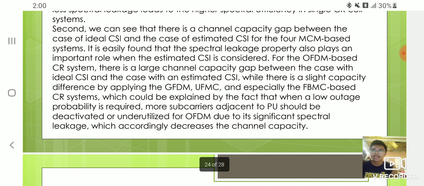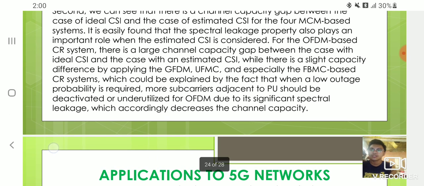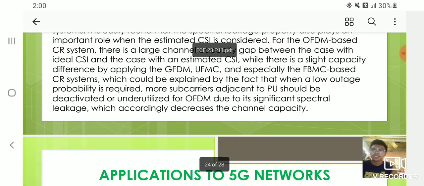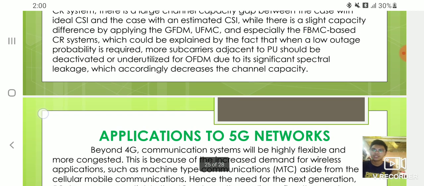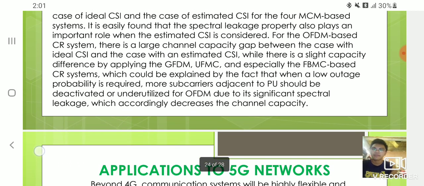While there is a slight capacity difference by applying the GFDM, UFMC, and especially the FBMC based CR systems, which could be explained by the fact that when a low outage probability is required, more subcarriers adjacent to PU should be deactivated or underutilized for OFDM due to its significant spectral leakage, which accordingly decreases the channel capacity.